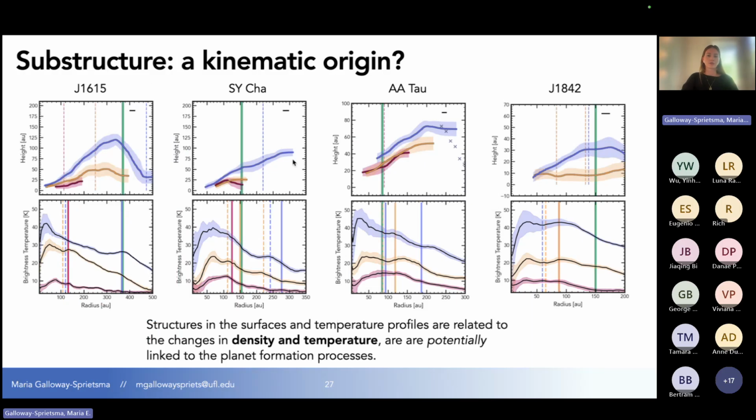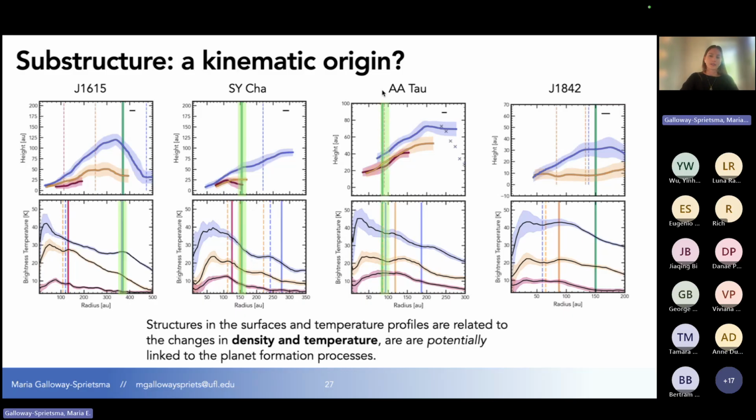In fact, for every source with a kinematic planetary signature, we see a correlation between either the emission surface substructure and the KPS, or the temperature profile and the KPS. In J1615, we see a really clear bump in the temperature profiles at the location of the kinematic signature. In SY Cha, it's a little bit less clear, but we do see that the 13CO and CS surfaces cut off at the location of this velocity kink, and there is a slight dip in the temperature profiles here as well.